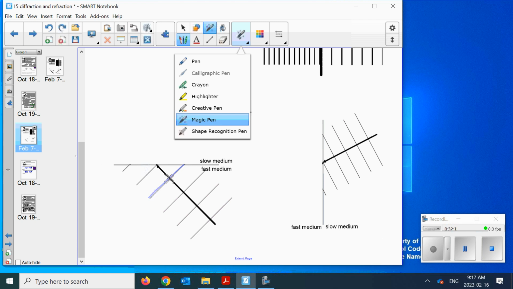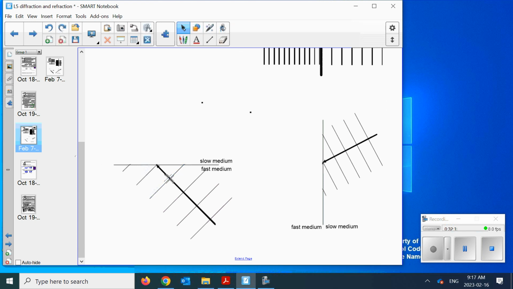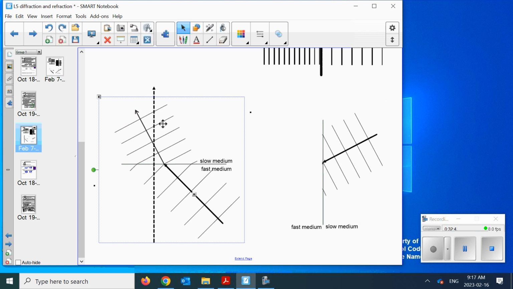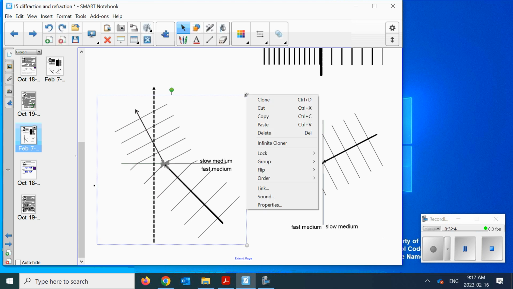So I said to draw in a normal when applicable, and it's applicable in this one. So I'm going to draw in a normal as well. The waves are going to do that, and the ray bends towards the normal.